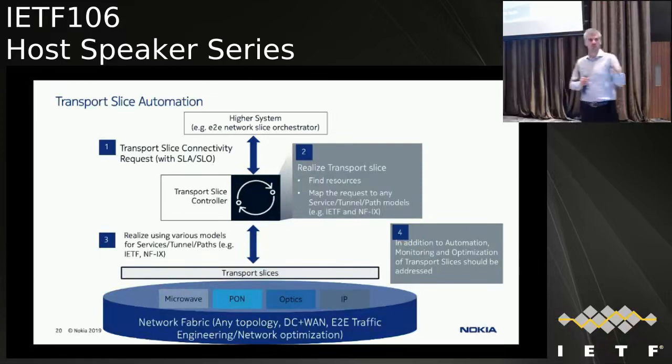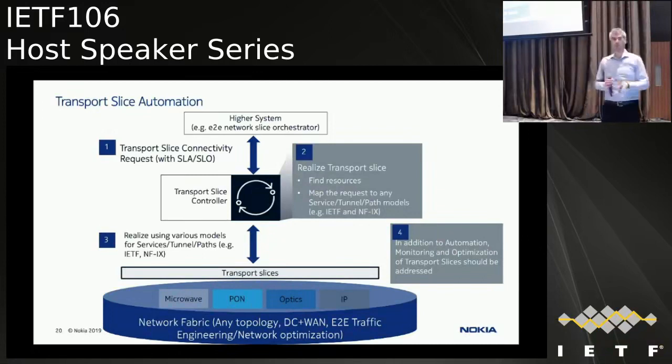So, number one, we receive the request. The transfer slice controller intelligently is going to realize that in the network. And this is basically the whole idea of connecting this discussion to whatever Wim and Brian mentioned 10 minutes ago. We receive the request. We are going to realize it in the network. Realization depends on the network that I have.